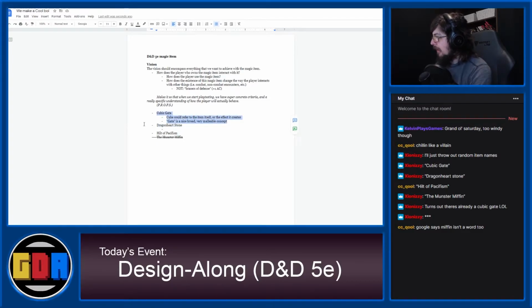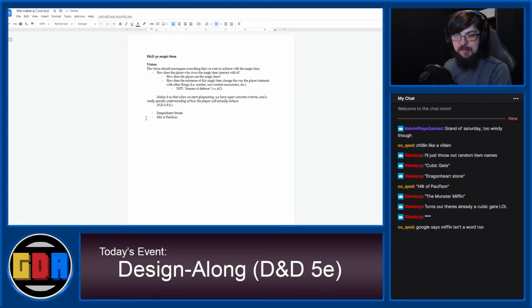Okay, so I think my votes are for either Hilt of Pacifism or Dragon Heartstone. Dragon Heartstone definitely sounds more dramatic. Hilt of Pacifism does lend itself a little more in terms of what kind of thing it would probably do.